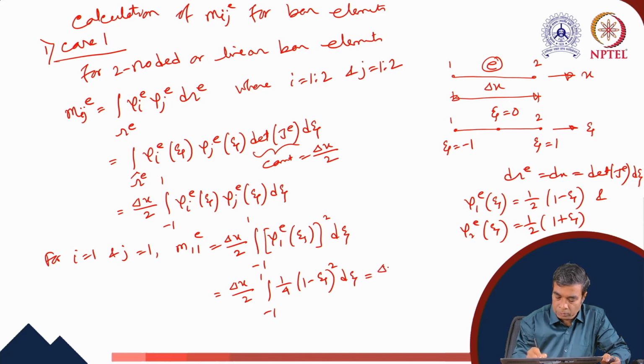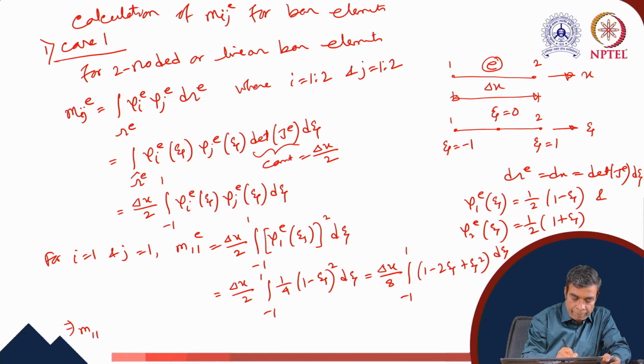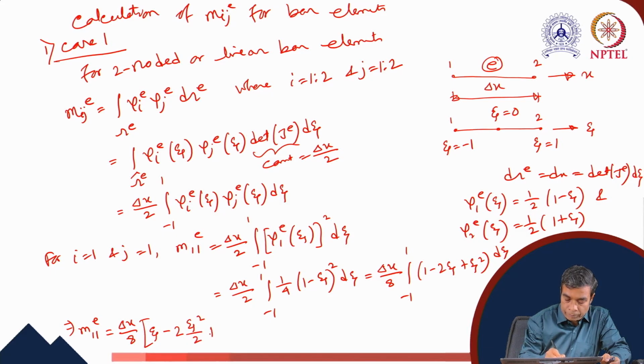This equals delta x by 8 integration -1 to 1 of 1 minus 2 xi plus xi square d xi. This gives us M11E equals delta x by 8 into, after integration, xi minus 2 into xi square by 2 plus xi cube by 3, from -1 to 1.